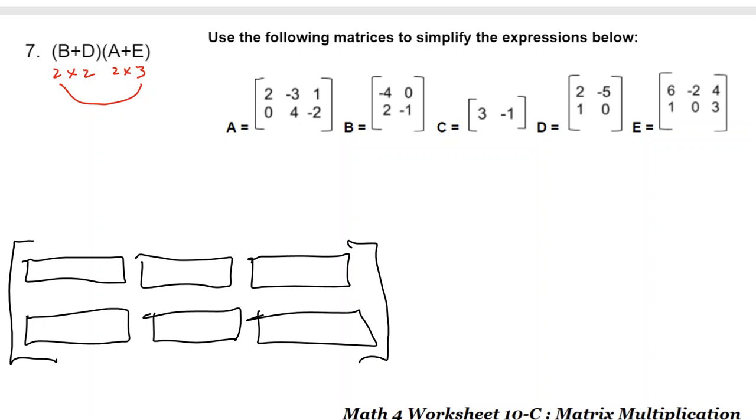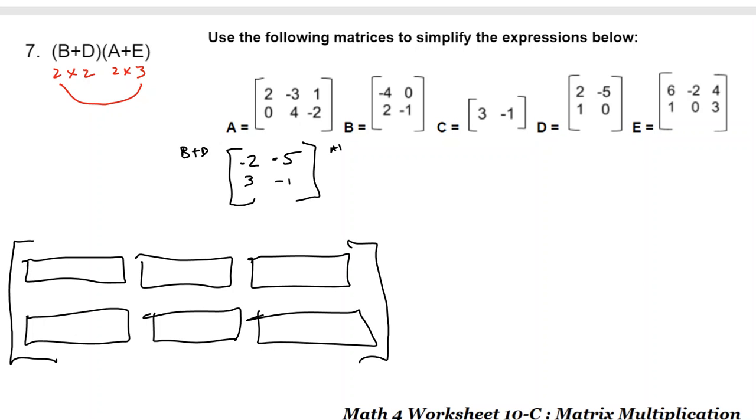All right, and we need to figure out the B plus D. Negative 4 plus 2, 2 plus 1, 0 plus negative 5, negative 1 plus 0.